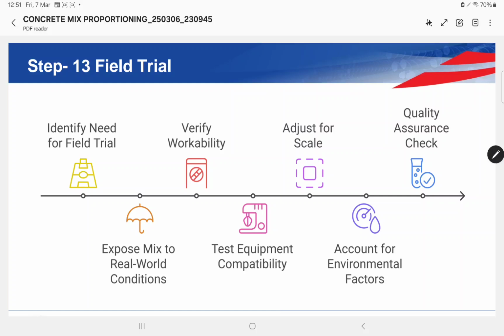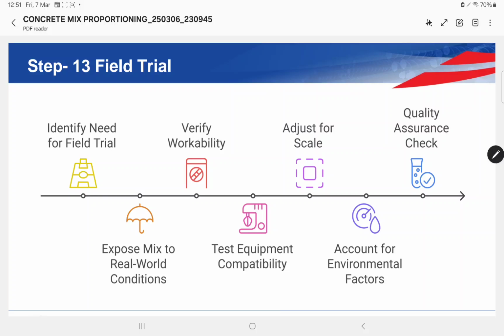In the lab you are just making a small batch, just 0.02 m³ or so. But in a batching plant you are mixing 0.5 m³ of concrete, so the material quantity increases. Accordingly, there may be some differences in hydration, or something else may happen.